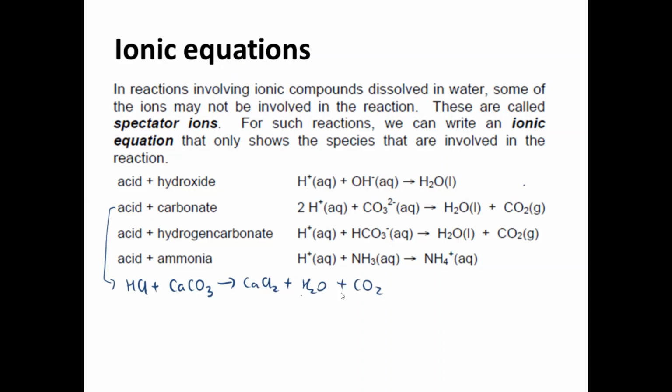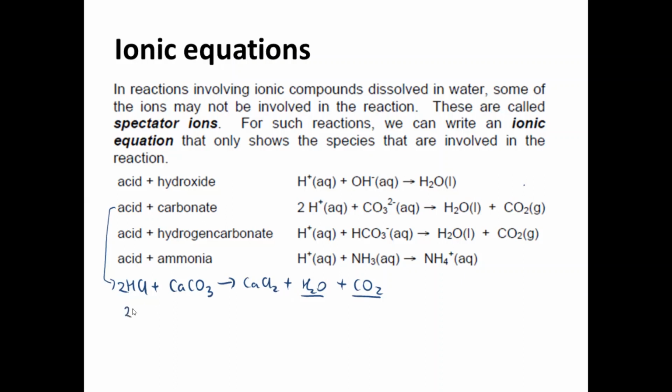Now these are simple molecular, and all the other ones are going to be ions. So what am I going to have? Let me just quickly check if it's balanced. It's not balanced, so I need to have two HCl's. That's H and Cl balanced, Ca is balanced, and CO2 is balanced.